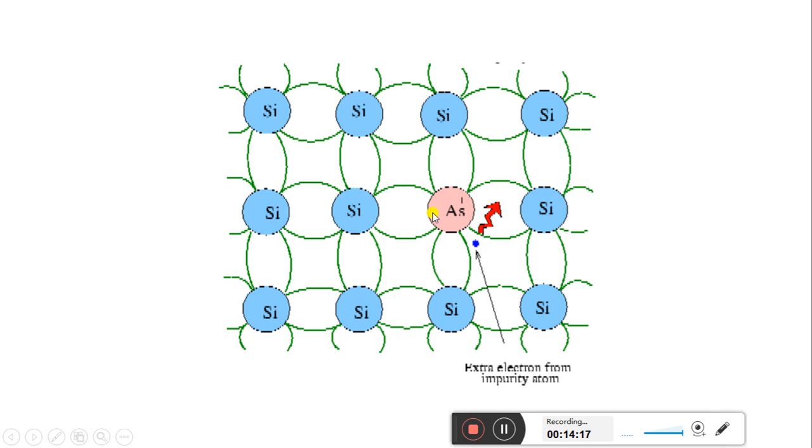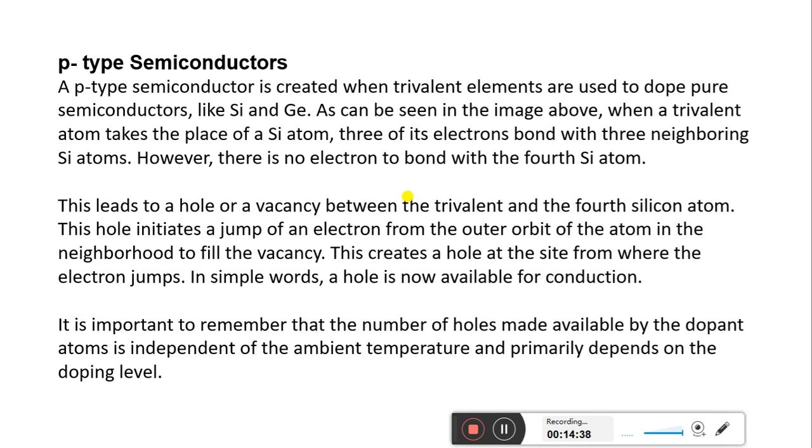That's why this is known as an n-type semiconductor, where a pentavalent impurity has been added to the silicon to form an n-type semiconductor material. Now we'll talk about the p-type semiconductor material.